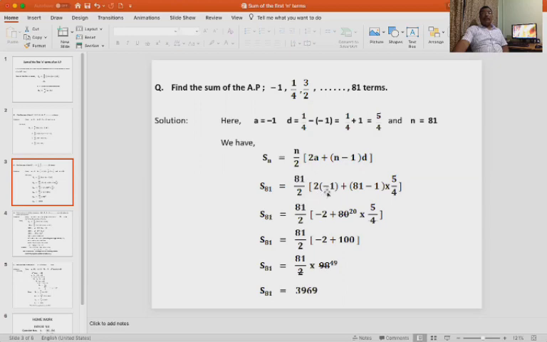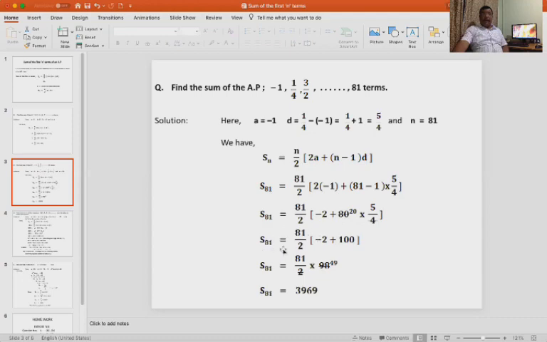Your a is minus 1, so we put here minus 1 plus, again your n is 81, so we put here 81 minus 1 into, since your d is 5 by 4, we put here 5 by 4. So your S81 will be equal to 81 by 2 into, now 2 into minus 1 is minus 2 plus, again 81 minus 1 is 80 into 5 by 4. Now 4 times 20 is 80.